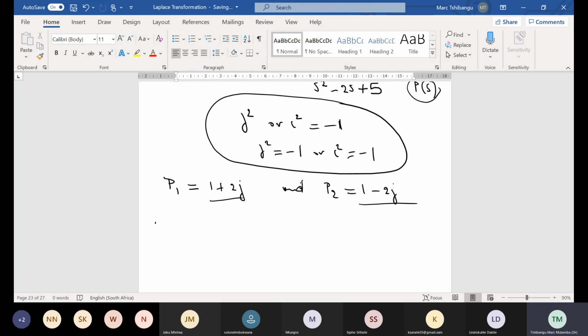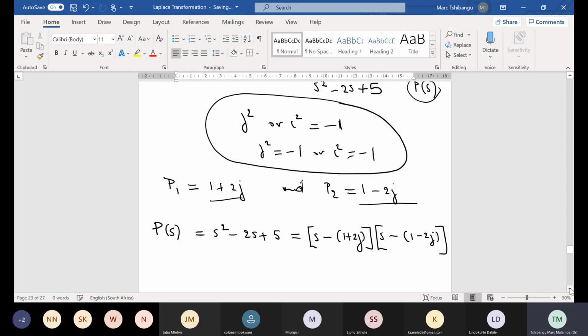So we can write P of s, which is s squared minus 2s plus 5, and we can say this is equal to s minus (1 plus 2j), just factorizing, and s minus (1 minus 2j).